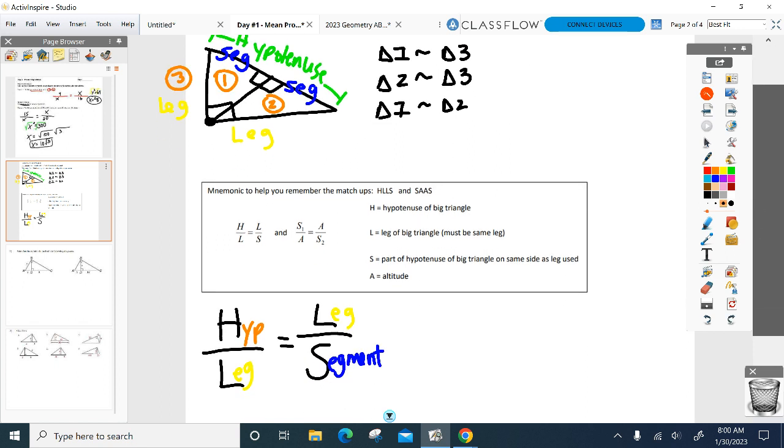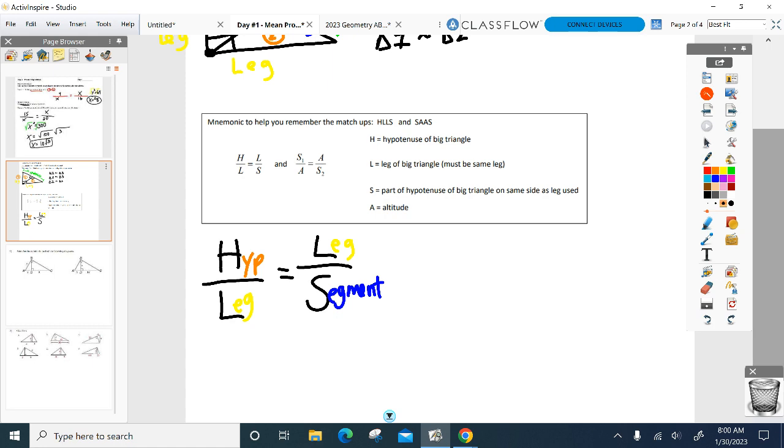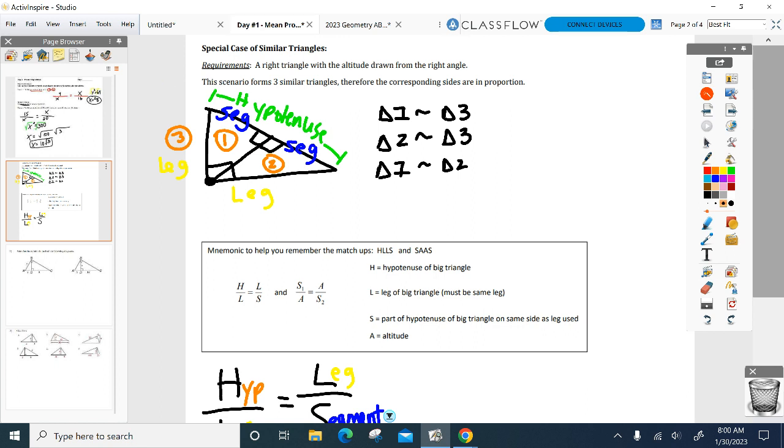No, you're not. Which segment do you use? It's the one adjacent next to the leg you put in. So take a look. Let's say I use this leg right here. I'd use that segment length. You always pick the segment next to the leg in the proportion. Legs, both the same. Segment's the one next to the leg being used.